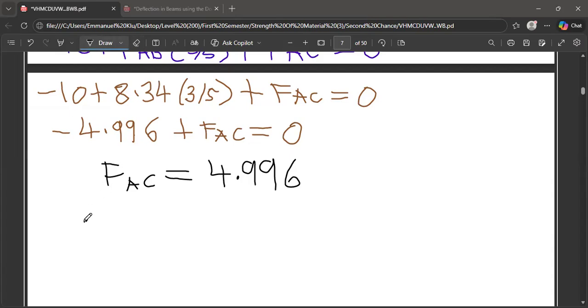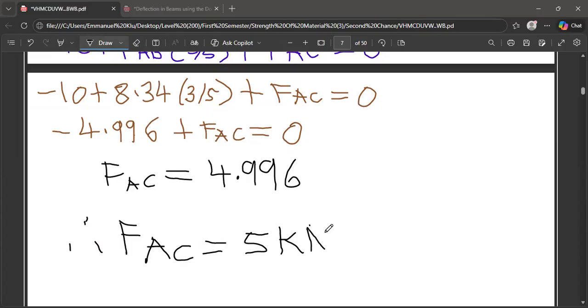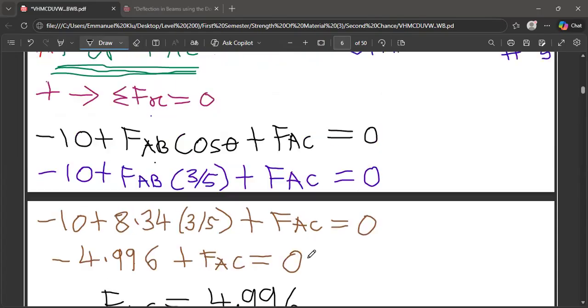Therefore, our force at FAC is equal to 5 kilonewton. As simple as that.